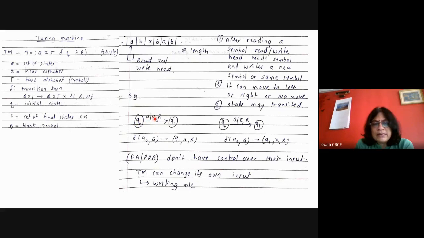And here we write down the notation like this: small a is on the tape, small a is replaced with another small a, meaning the same symbol. Small a is on the tape means the read operation will read small a, then it is writing a again, meaning a is replaced with a. So this is the read operation and this is the write operation. They are separated by using a slash. So a is replaced with small a and it's going to write. Okay, so the meaning is here like this.